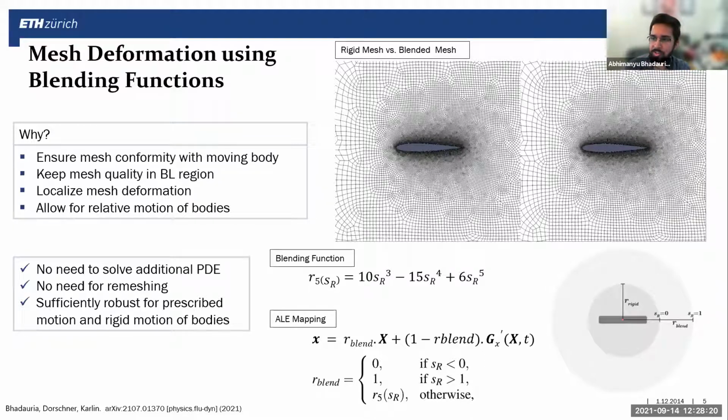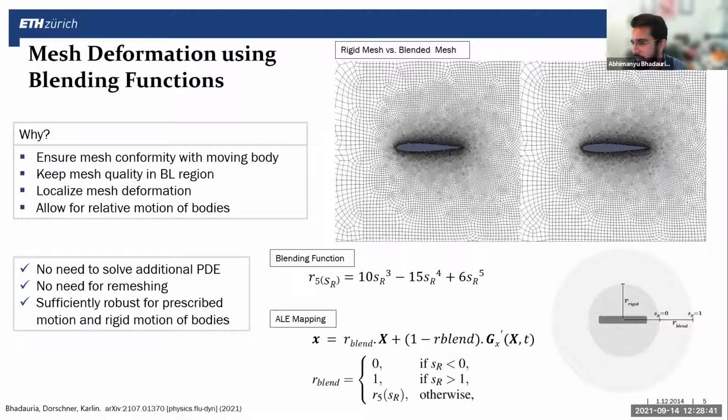So the methodology that we use here is the approach of blending functions. We essentially solve an algebraic equation. Here we have a fifth order algebraic equation. There are others that exist. It's not a unique equation. And this allows us essentially to keep the mesh deformation local to the body.